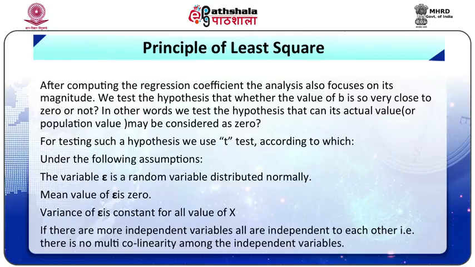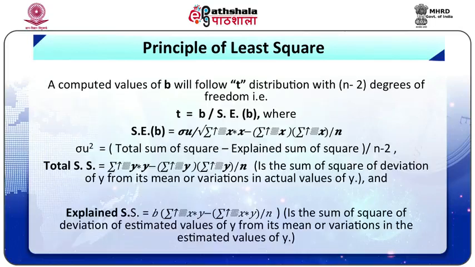independent variables. The computed value of b will follow the t distribution with n minus 2 degrees of freedom, that is, t is equal to b upon SE of b, where SE of b is equal to sigma u upon under root summation x squared minus (summation x)^2 upon n.